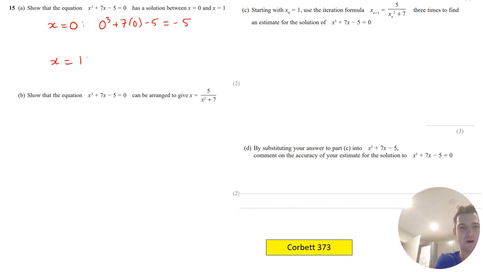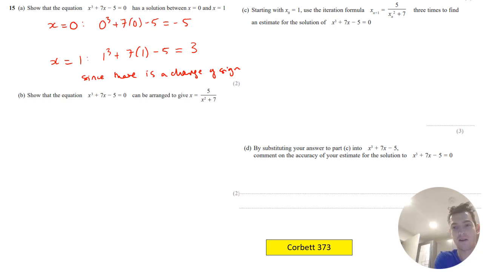And for x equals 1, substitute x equals 1 and you get 3. And you need to say, since there is a change of sign, what that means is one of the answers is negative, one of the answers is positive, there is a solution.